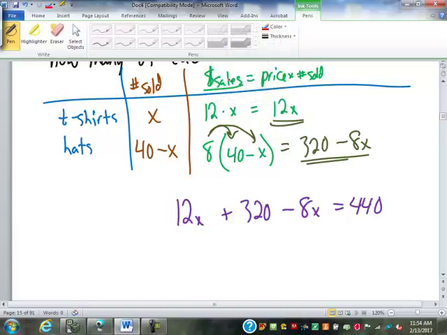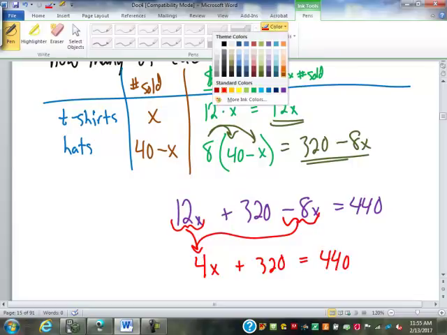What's our next step? We're going to combine, good, the 12X and the negative 8X to give us 4X. Perfect.